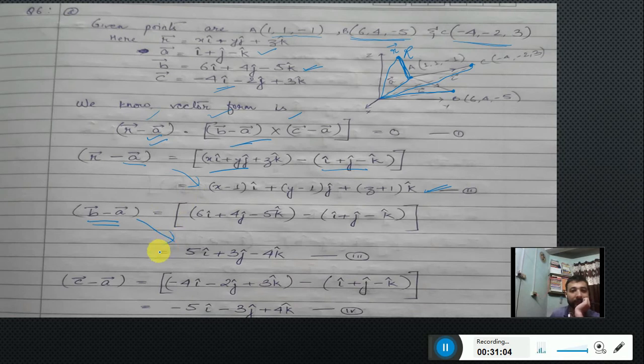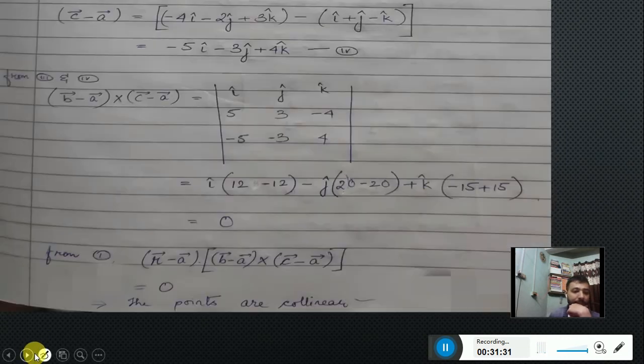When you are getting something like this, don't think that there are two vectors. After doing that operation, you will see that it becomes one vector. So I got this vector r minus a, this vector b minus a, and c minus a vector like this. Now I will put it in equation 1 and then I will get my answer.